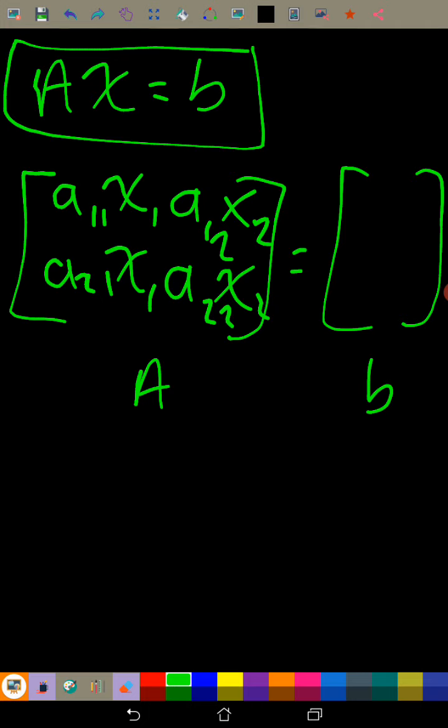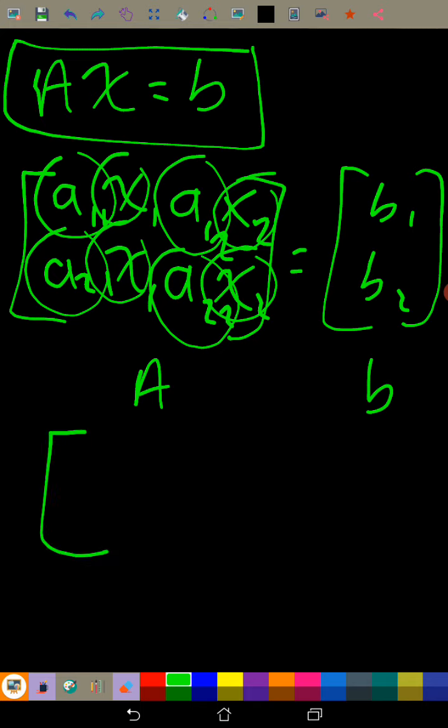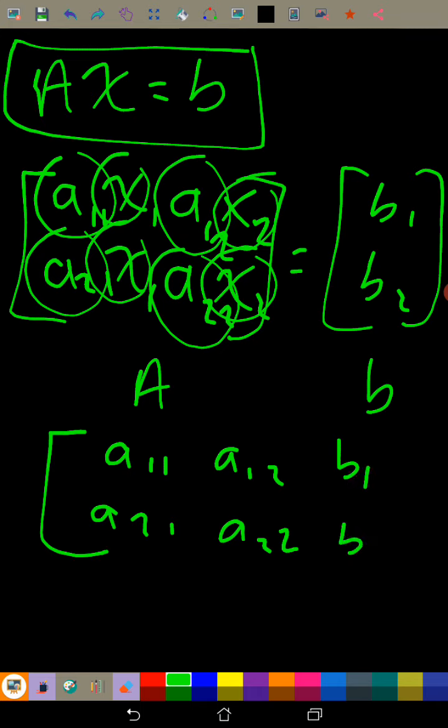So what we did here: we have the coefficients, and we have the unknowns, and then we have b1, b2. If we want to write an augmented matrix, we will have a11, a21, a12, a22, and then b1, b2. That's how we write it, because we have an equation equal to something.